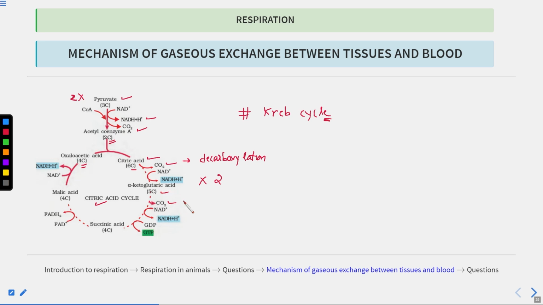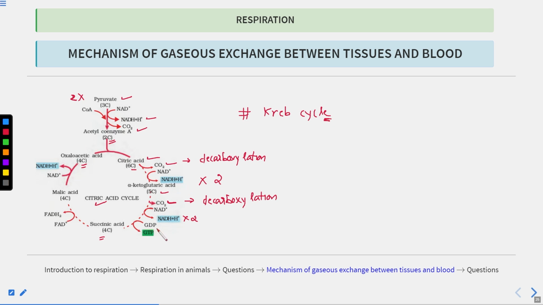Now again it undergoes decarboxylation and again 2 molecules of NADH are produced. Now alpha ketoglutarate acid is converted into succinic acid, which is a 4-carbon compound. So here again there was decarboxylation, and because of this decarboxylation, a 4-carbon compound is produced. So you have to note everything here: at which step decarboxylation is taking place, at which step NADH is being produced.